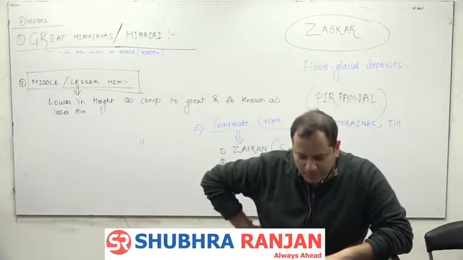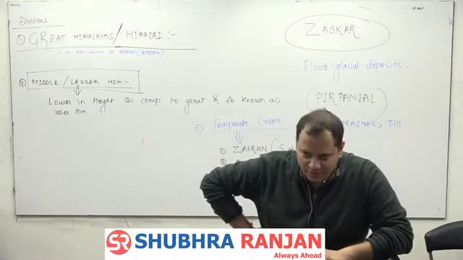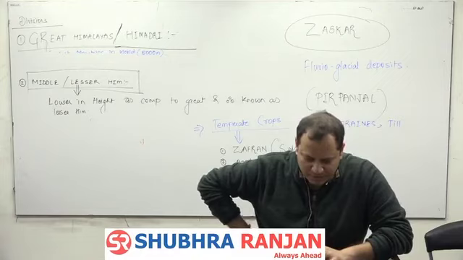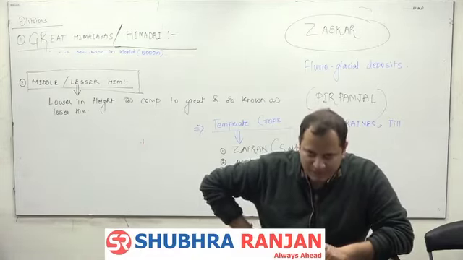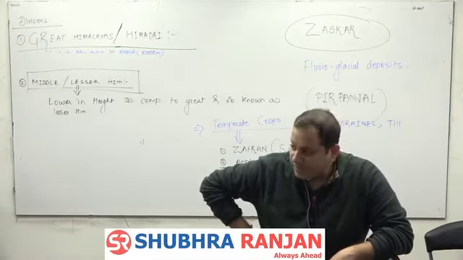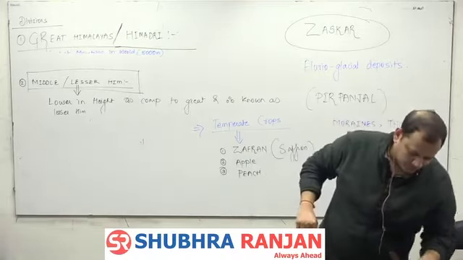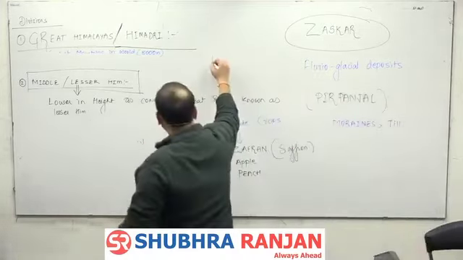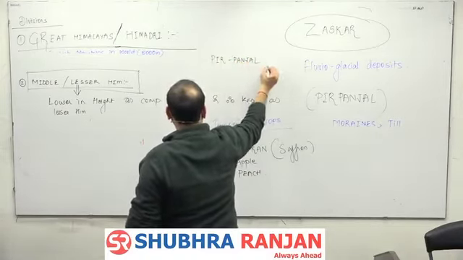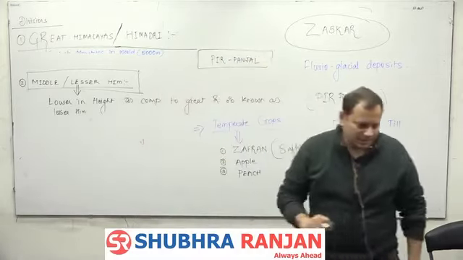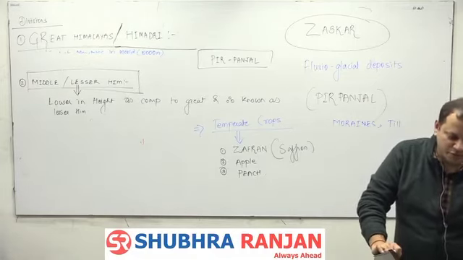Between the Zaskar ranges of the Great Himalayas, this is only for prelims, between the Zaskar ranges of the Great Himalayas and the Pir Panjal range of the Middle Himalayas lies the famous valley of Kashmir.